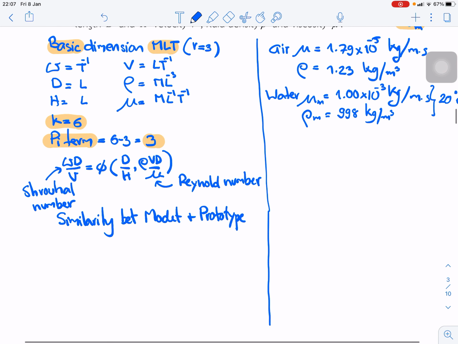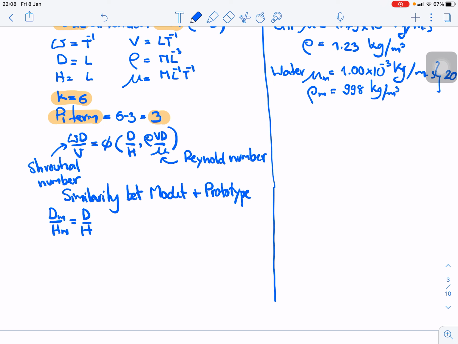So this means the first set we found is that Dm over Hm equals D of the prototype over H of the prototype.